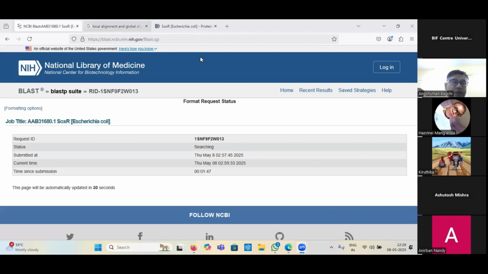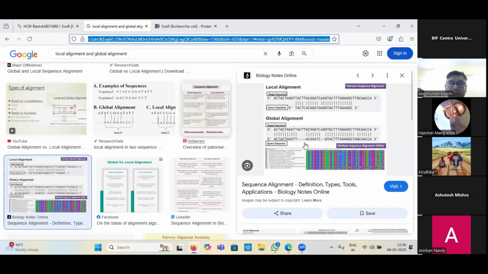Okay, let me show you. See here. You can see this is an alignment, and there are gaps here. Now, a gap means in one of the sequences you have the letters, and in the other there are no letters.